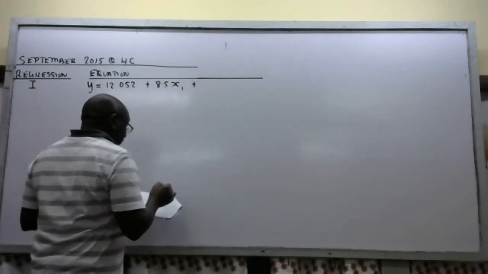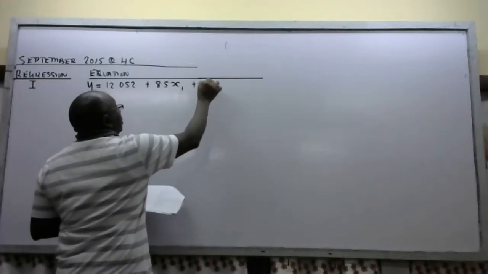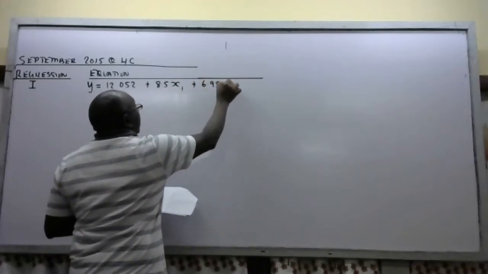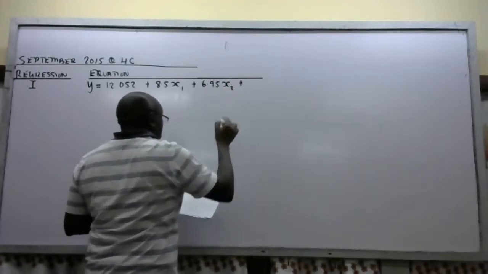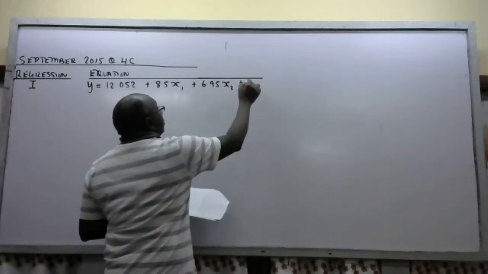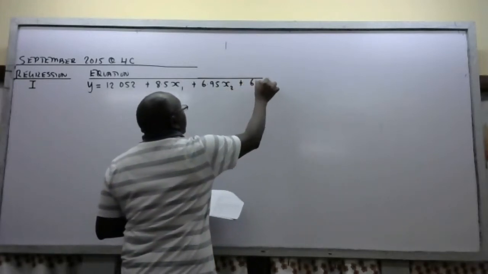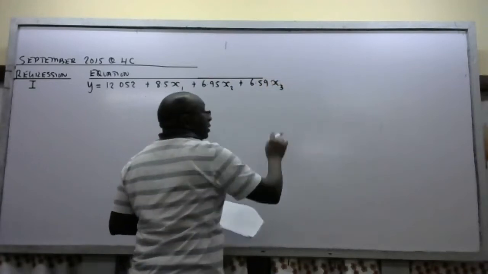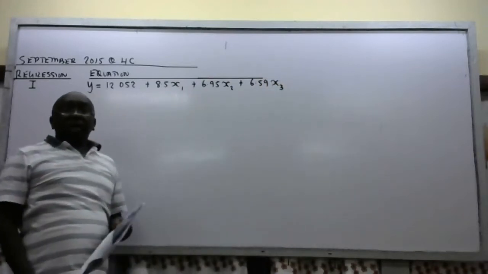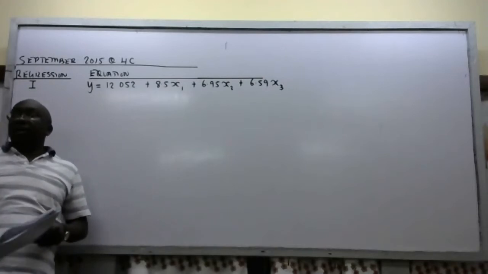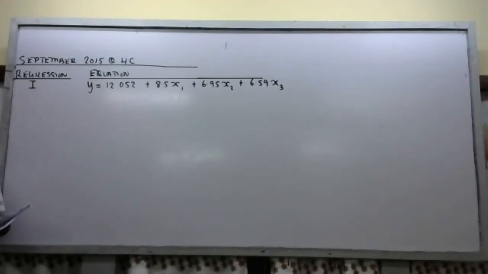You can see the 8.5 plus 6.95 x2 plus 6.59 x3. So that is how you can write equation one in case they had asked you to do so.